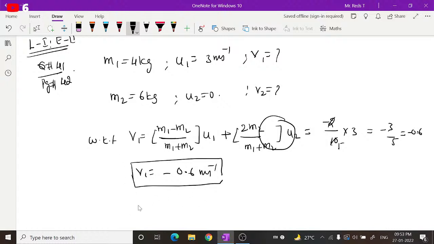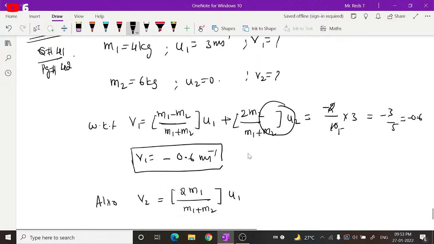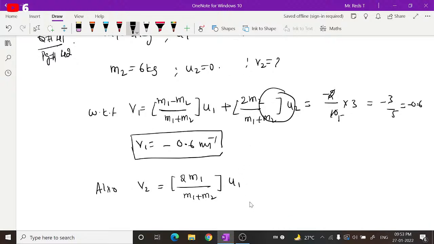What is V2? Let us try to find out. V2 is equal to 2M1 by total mass into U1 plus, we already have this expression, M2 minus M1 by total mass into U2.